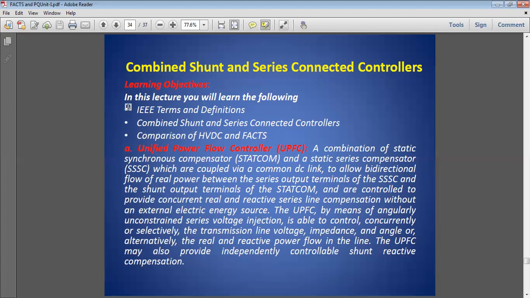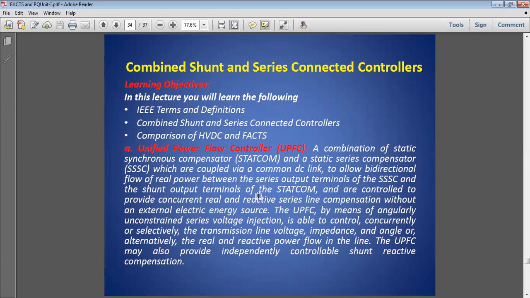So what is that? Combined shunt and series connected controller, a combination of static synchronous compensator STATCOM and static series compensator SSC, isn't it? These are the two major controllers. One is the STATCOM, which is connected in parallel, and the static series compensator, which is connected in series via a common DC link.